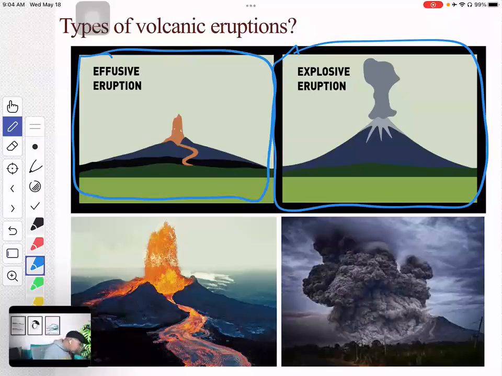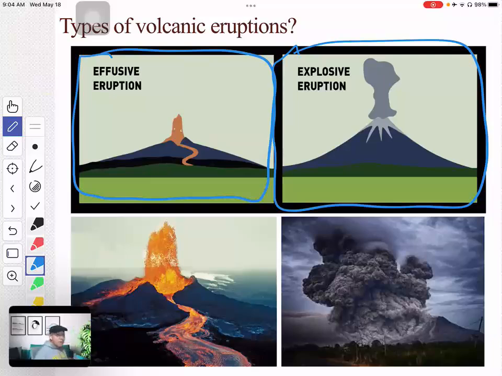So although it can be very damaging, it's usually not associated with loss of life, like the explosive eruptions are. And the impact is a little more limited as well to the reaches of the lava.